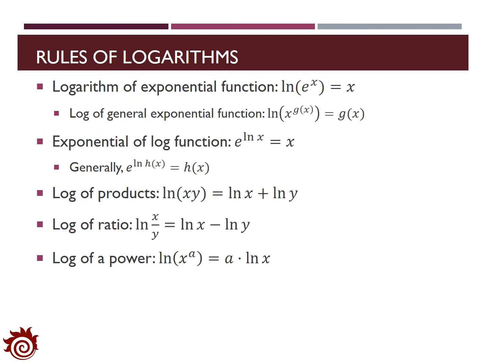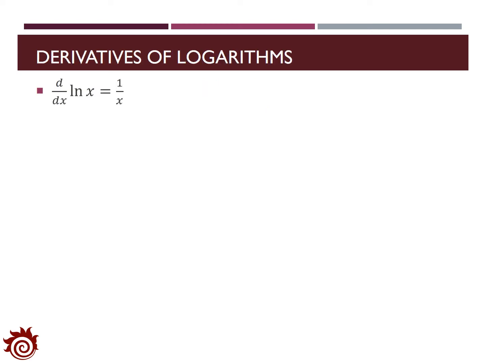Here are some fundamental rules for logarithms, and they are very useful for you to do operations with log and exponential. I believe you also saw these rules in calculus, so please recall all those rules for future study. The derivative of log is also very useful in the whole of calculus. In general, the derivative of log x equals 1 over x.